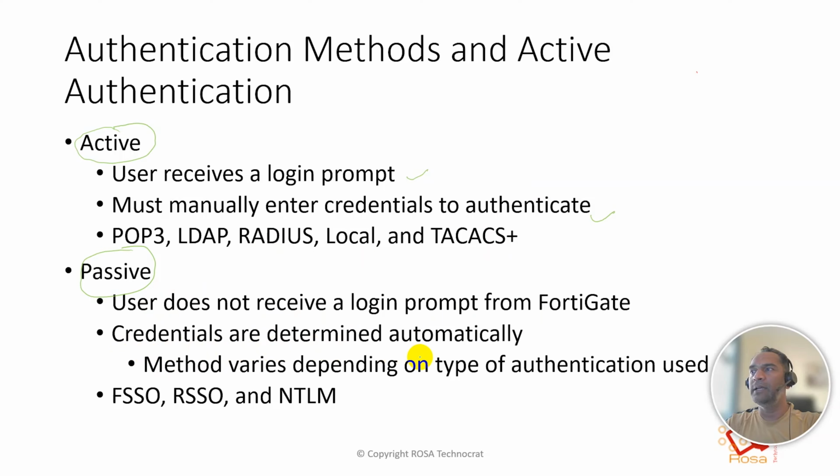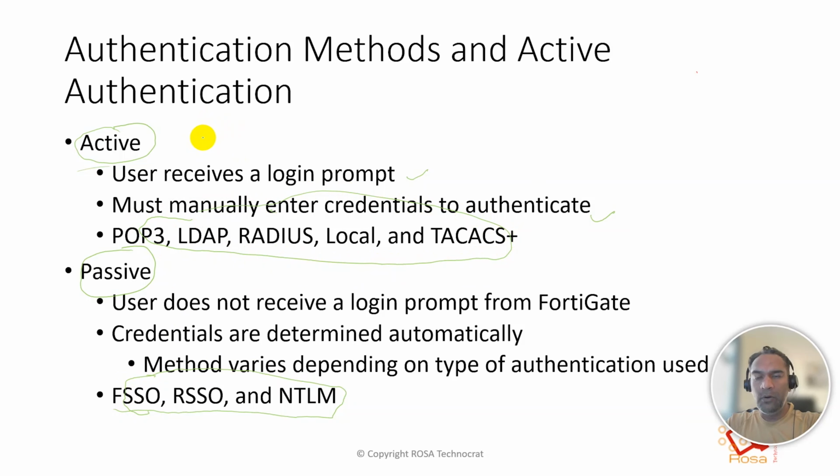Credentials are determined automatically. That means they are retrieved by using some application or some authentication method, but the user doesn't have to input them. The method varies depending on the type of authentication used, like FSSO, RSSO, and NTLM. So FSSO, RSSO, and NTLM are methods that can be used for passive authentication, while POP3, LDAP, and RADIUS can be used for active authentication.